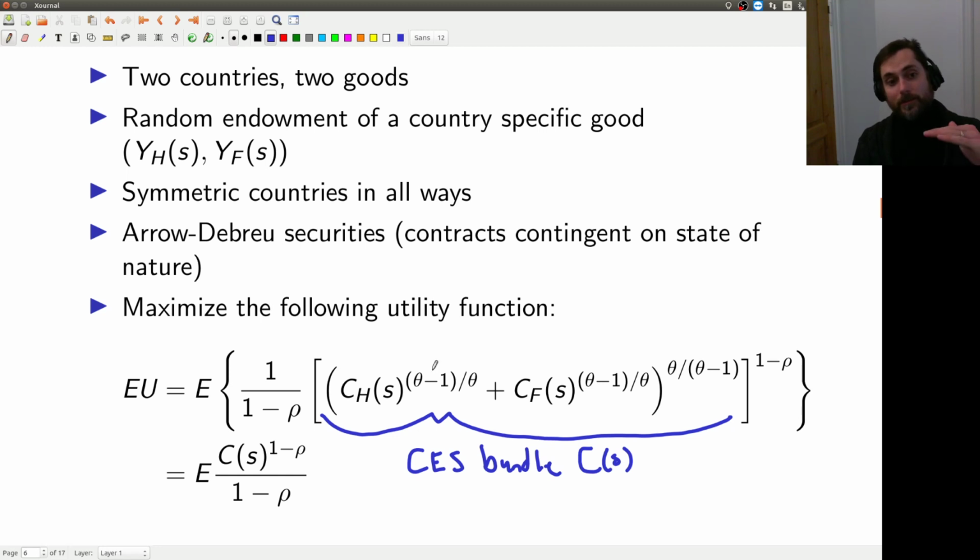Utility functions, typically we think, are curved, and that's a feature we're going to recover by having this 1 minus rho up here and this 1 minus rho here. So we typically think that rho is somewhere between 0 and 1. It's going to index how risk averse people are.